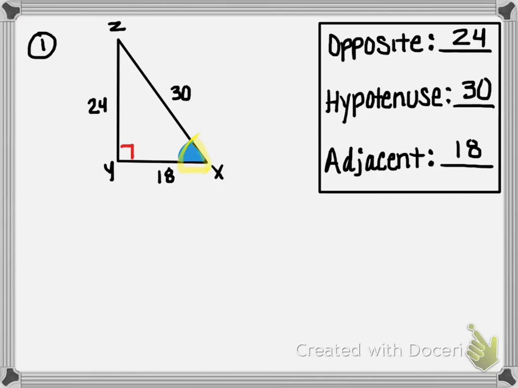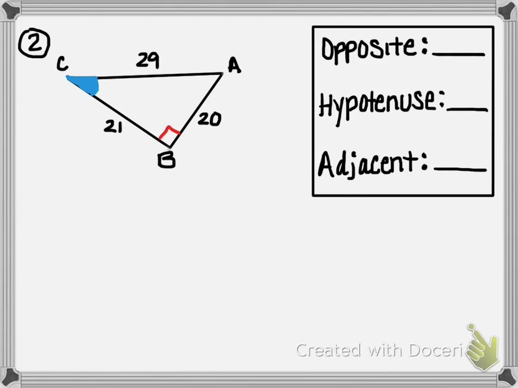So we're going to do a couple more together. If you feel like you need the help, you can stay and watch the video. If you feel like you're good, you can go ahead and try up to 14 on your own. Number 2. So this time my angle is up here, angle 2. We're going to start with opposite. So opposite means across from. If I go directly across, I hit side 20.